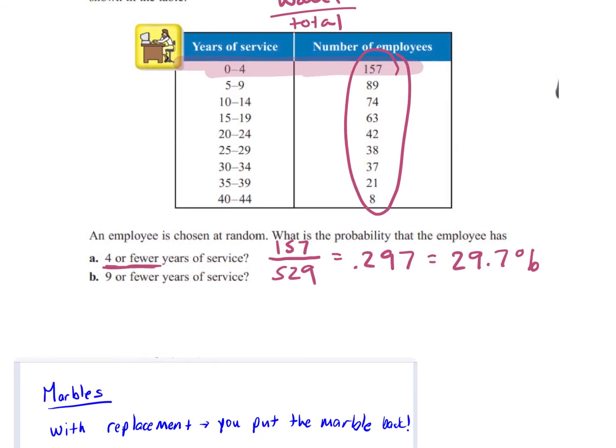Let's look at B. So now we want to see 9 or fewer years of service. 0.465, which is 46.5%.